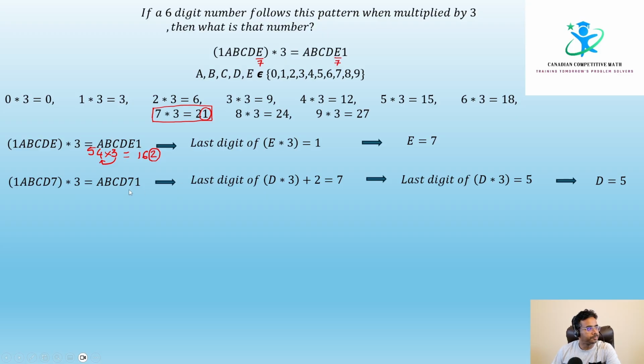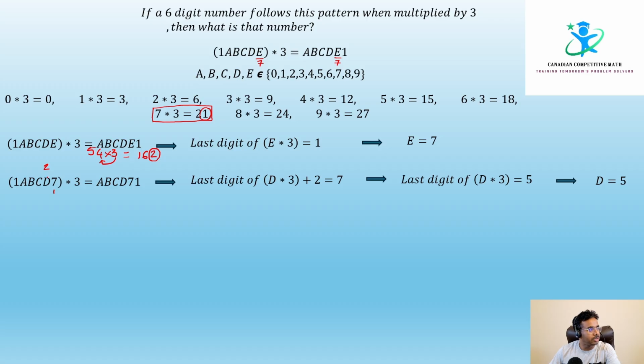Now how will 7 come? So when we multiply this number by 3, 7 times 3 is 21. So 1 stays here, 2 goes to the top. We multiply 3 and D and we add 2 to it.